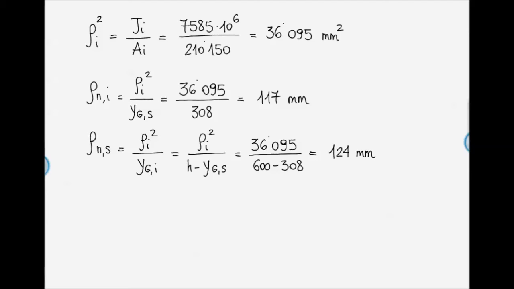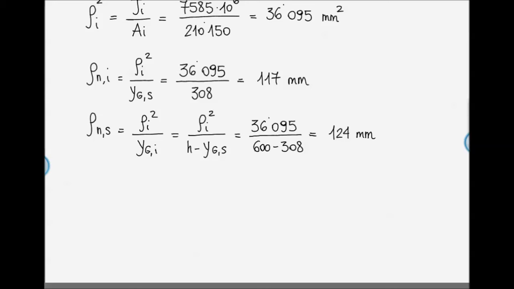Well, we calculate the value of the eccentricity of the axial force with respect to the centroid of the homogenized cross-section, which is equal to E, that is 308, which is the distance from the centroid and the superior fiber of the cross-section, minus half of the height of the cross-section, plus 80, which is the eccentricity of the axial force with respect to the centroid of the concrete cross-section.